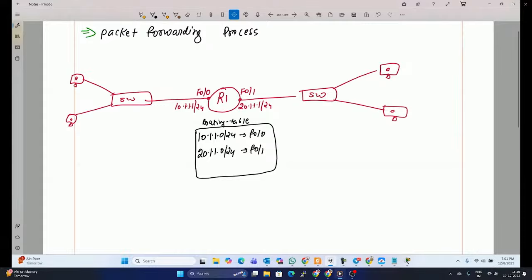Then the router also maintains an ARP table. This is the ARP table.